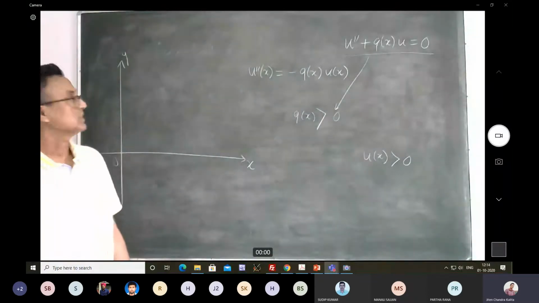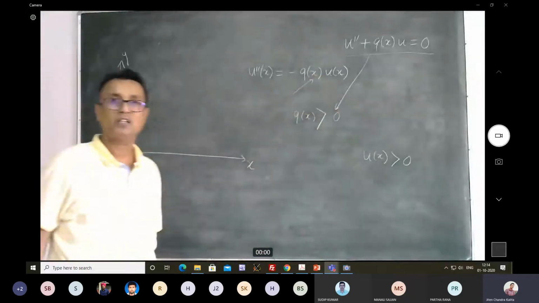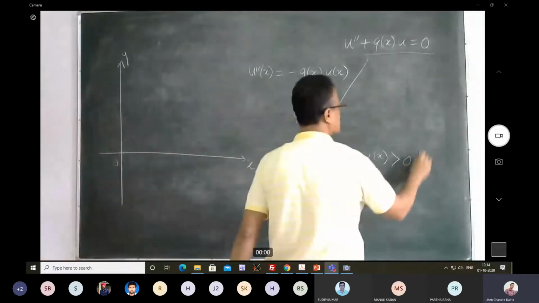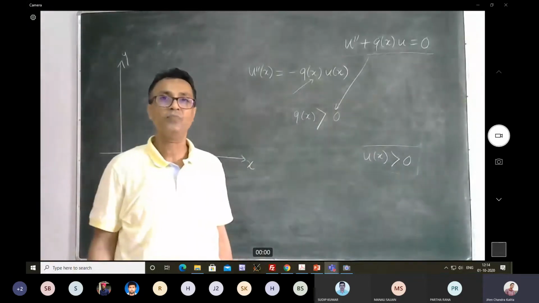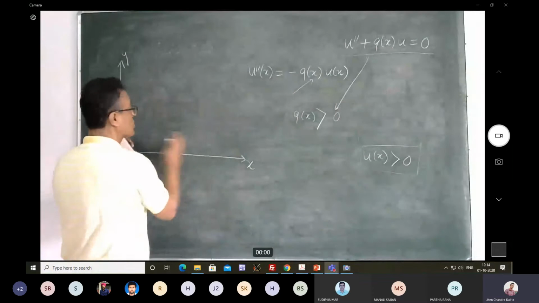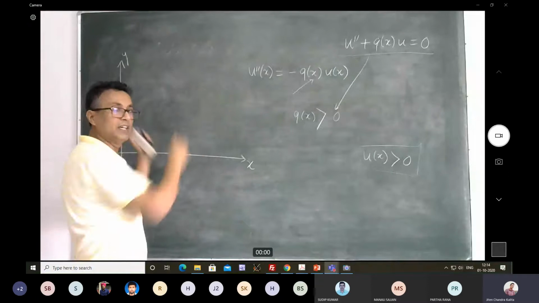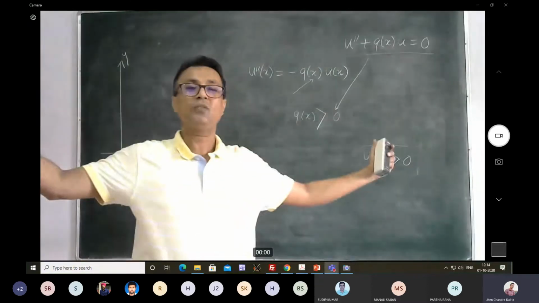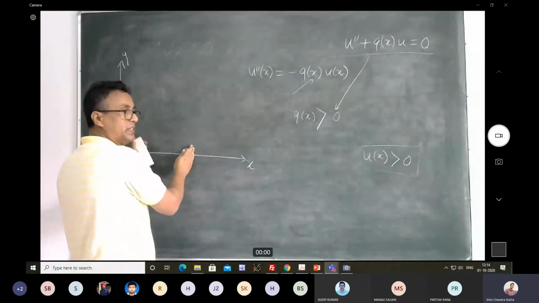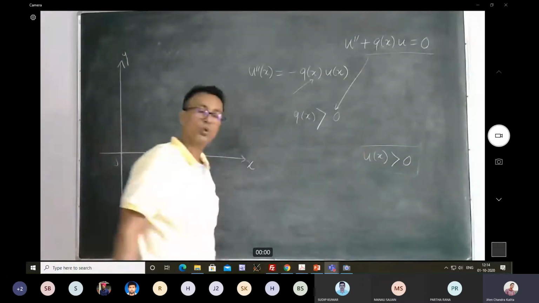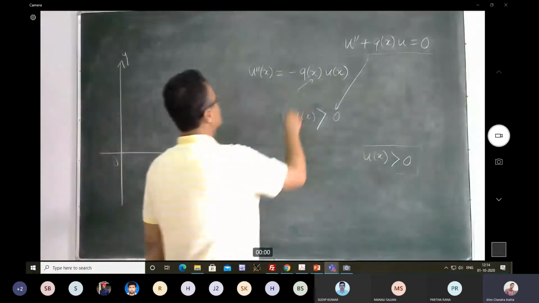I am assuming that q(x) is strictly greater than 0, and since my solution lies above the x-axis, u is positive there. I am simply considering a portion of the x-axis, not the whole real line, where the solution curve lies above the x-axis.